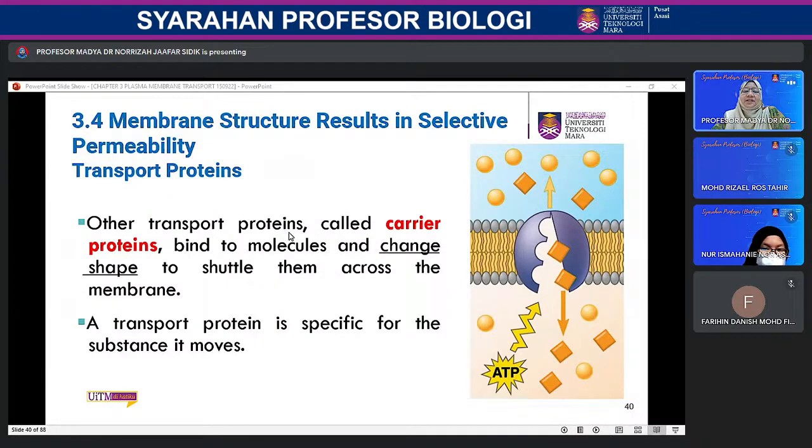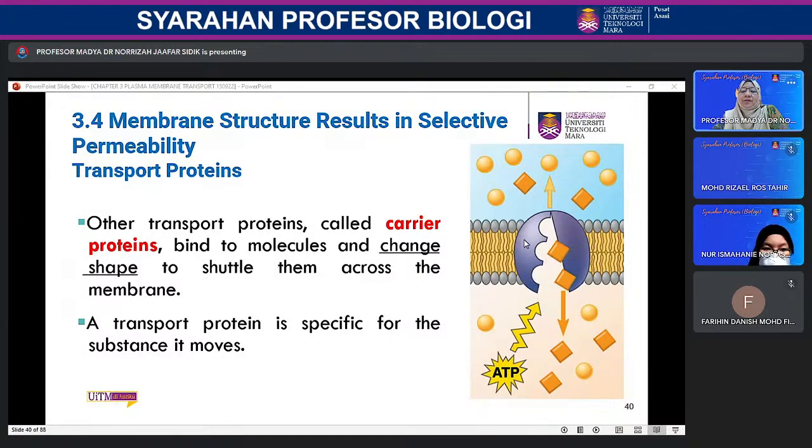And other transport proteins we call the carrier proteins. The carrier proteins bind to the molecules and change shape, and then shuttle the substance across the membrane. So the transport protein is specific for the substance it moves.